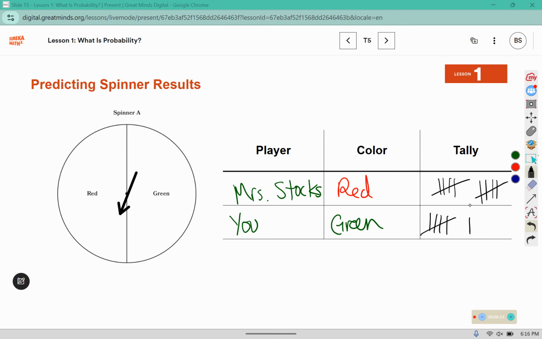And red. So since I have 10, that means I win this first game.